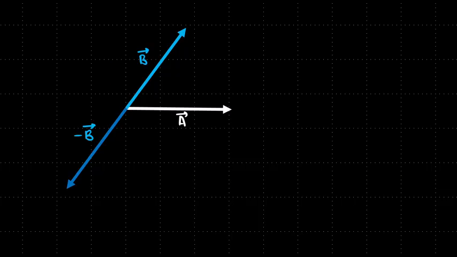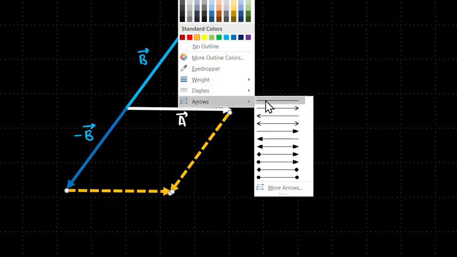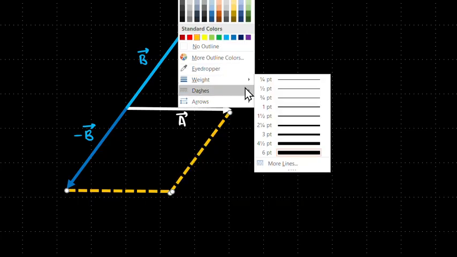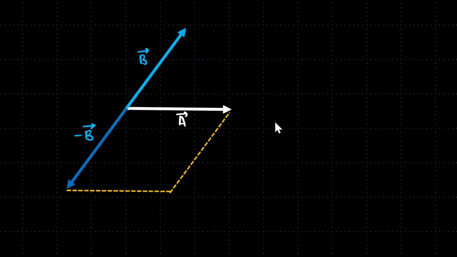Now let's create a parallelogram out of these two vectors, this dark blue and this white vector, like this. Let me make it clearer by making them dotted lines and a lot smaller.